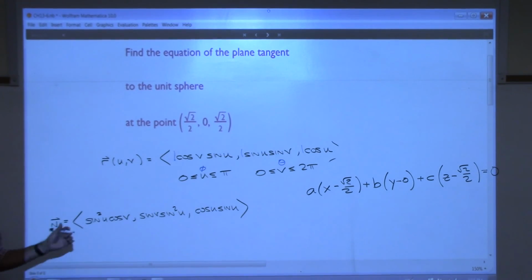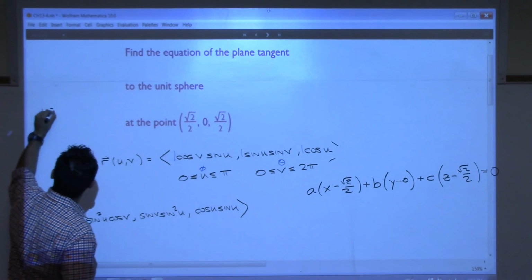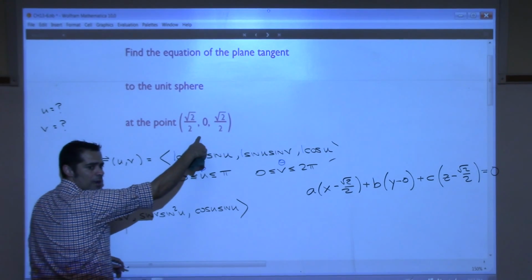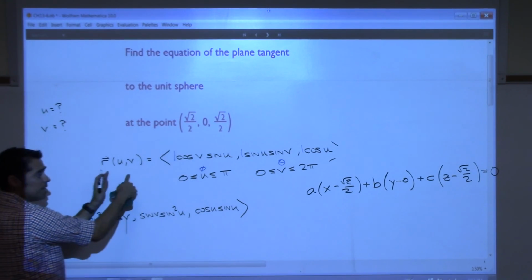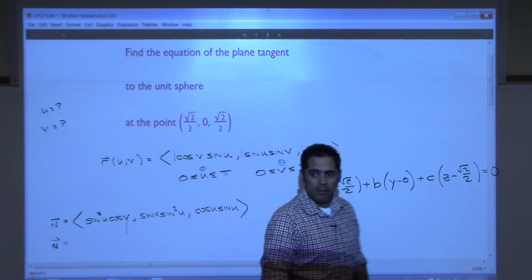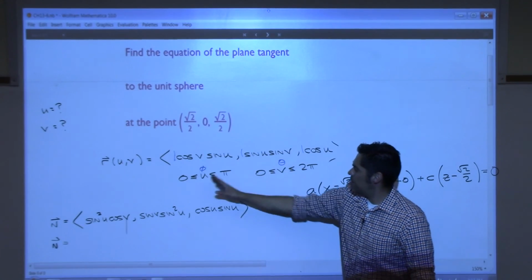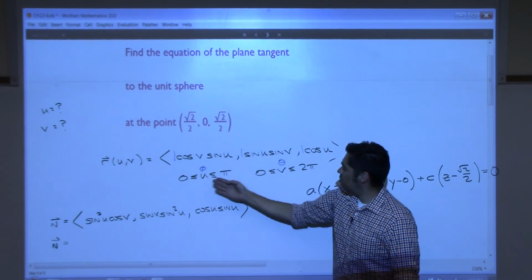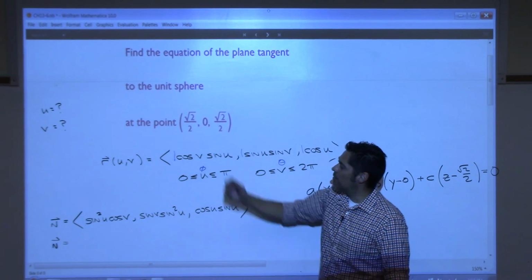But that means I need to know what u and v are, right? So I have to now figure out what u and v get me to this point on the original surface. As I vary u and v around, I start drawing these things, I draw the whole surface. What do u and v have to be to get me to here?